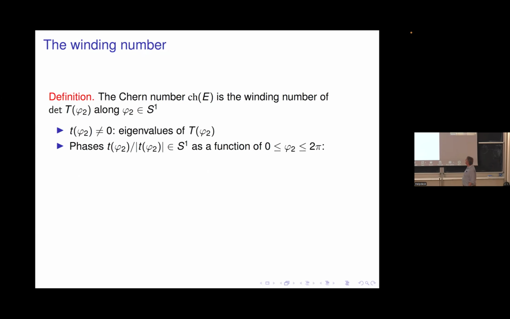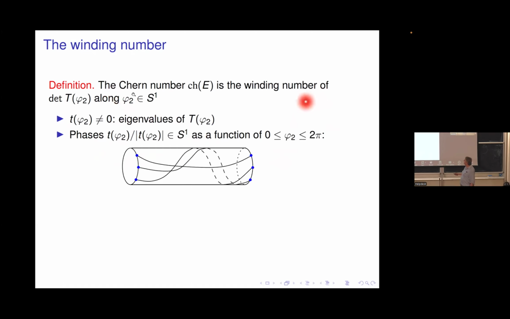And here is a way to visualize this. For each T of phi 2, you have an invertible matrix, so it has non-zero eigenvalues. And you follow their phases as phi 2 runs over the circle. Here it is depicted: phi 2 runs on the horizontal, and for each value of phi 2 you have a circle, therefore you have a cylinder, which has nothing to do with the earlier cylinder. If phi 2 is 0, just here, you have say 3 eigenvalues.